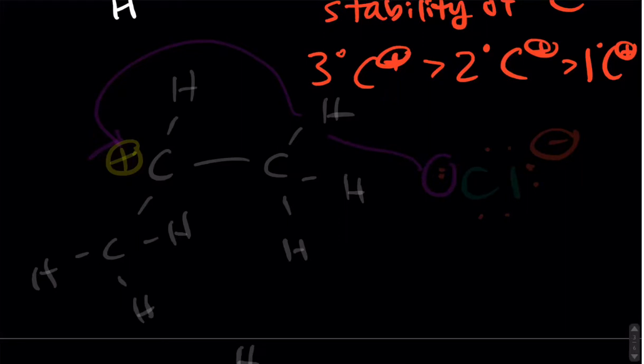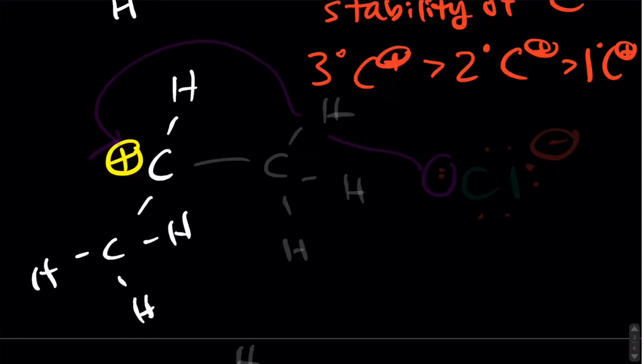All right, let me go ahead and redraw this one more time. So we have our carbocation, and then we have 3 hydrogens on this one, and then we have our chlorine.